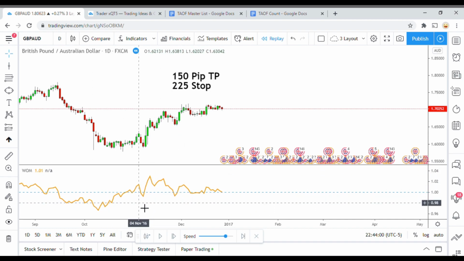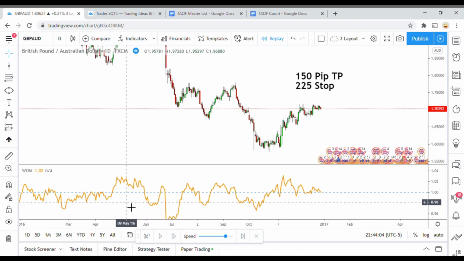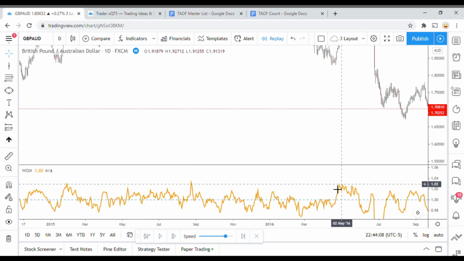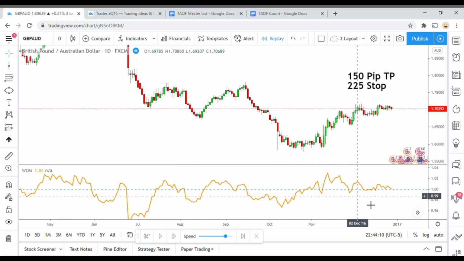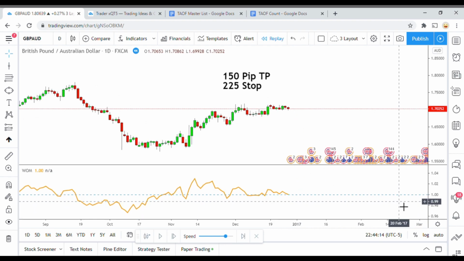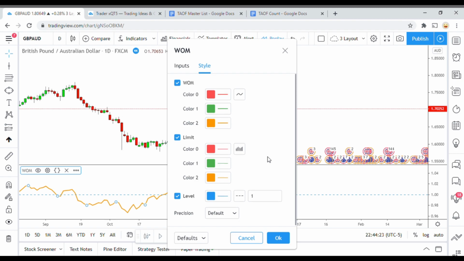Bump up the weight of the oscillating line just a little bit there, see if we can get a better visualization of it.